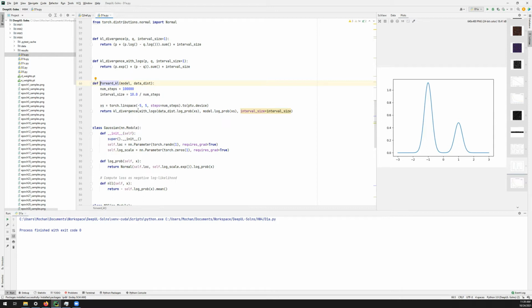Forward KL is just KL divergence with logs. You take the values of x, which are all the values in here. We have the data distribution and the model distribution, and then we return the KL divergence of those two.